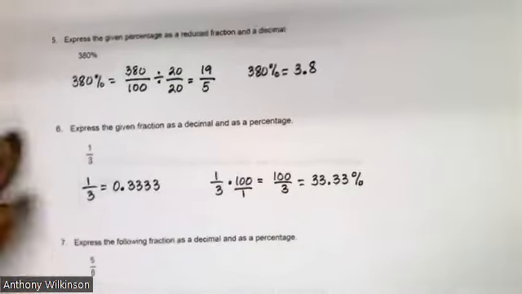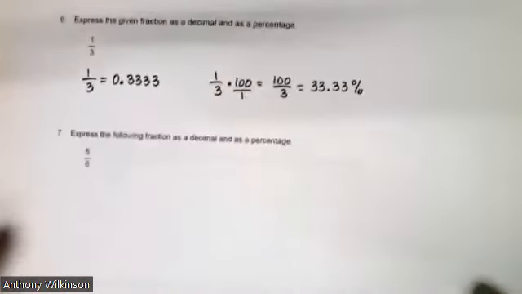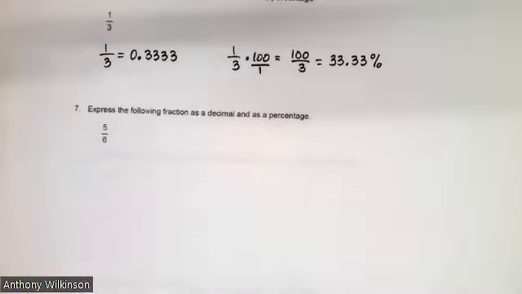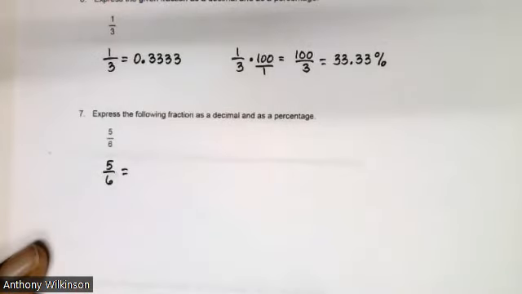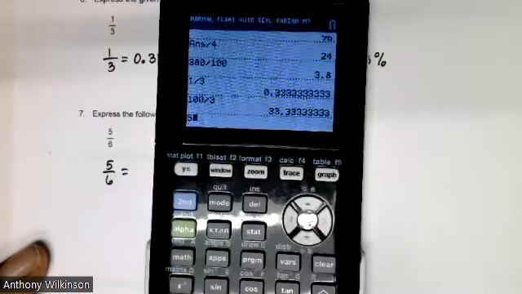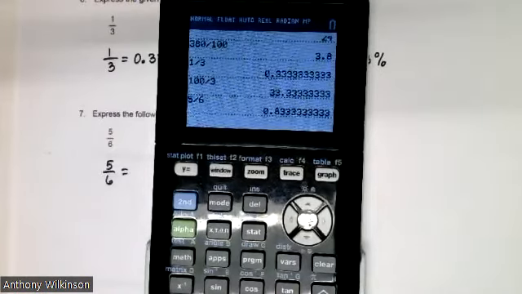And the same holds true for number 7 here. We got a fraction of 5/6. We want to express that as a decimal and as a percentage. All right, so the 5/6, if I just do 5 divided by 6 on the calculator, you're going to get 0.8, and the 3 repeats.